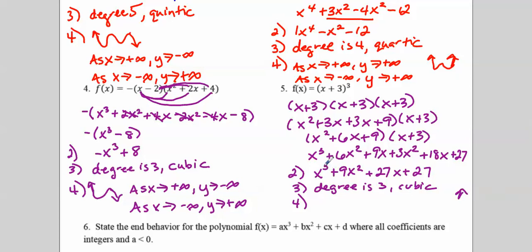And the degree is odd, that tells you that the left side does not match the right side. So the left side is going down. So as x goes to positive infinity, the y is going up, the y goes to positive infinity. As x goes to negative infinity, that's the left side, the y is going down, so the y goes to negative infinity.